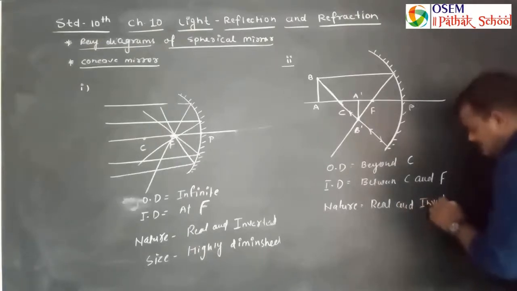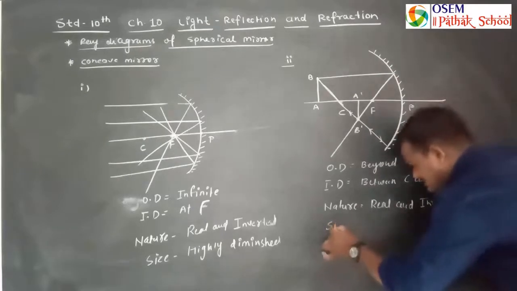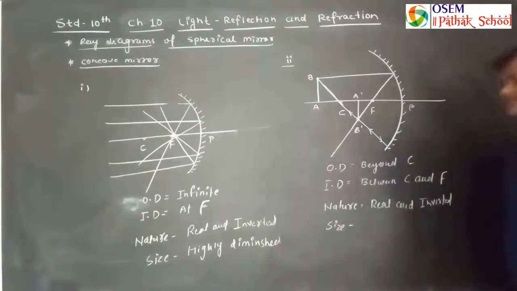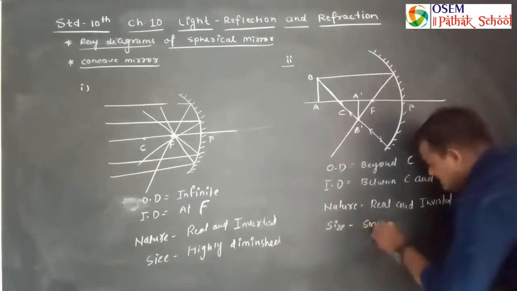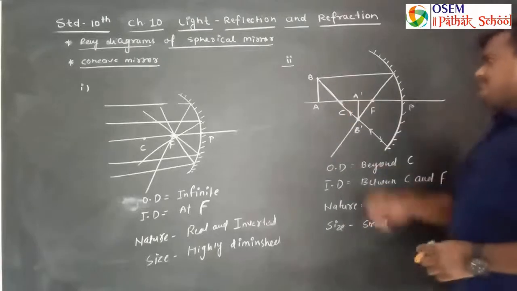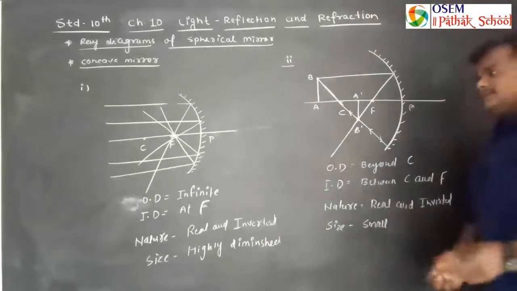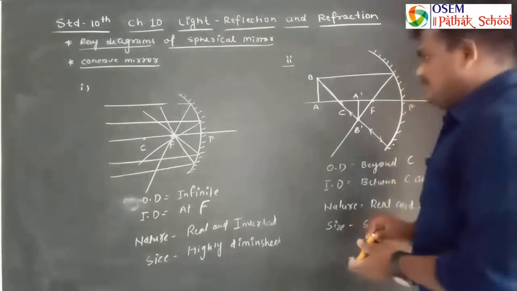Real and inverted, उल्टा form होगा. And size of this image, that is small size image is formed, smaller size as compared to the object. Clear? So these are the two different conditions, two different positions.